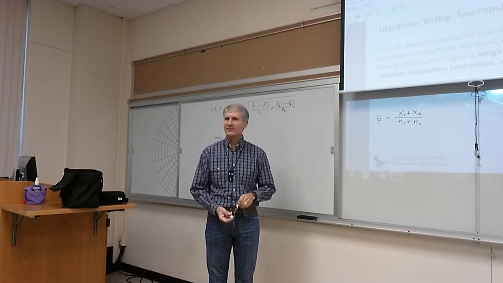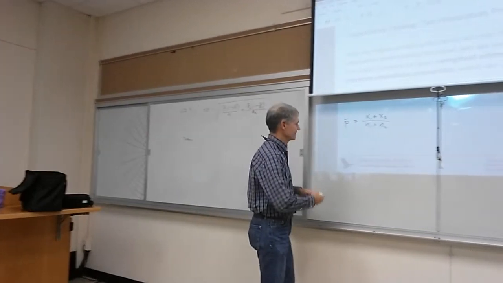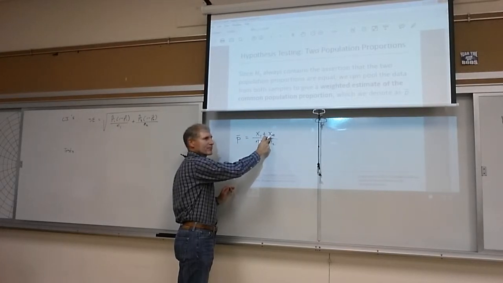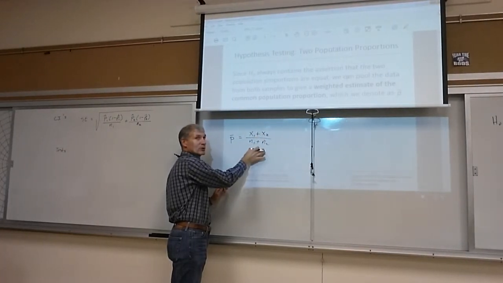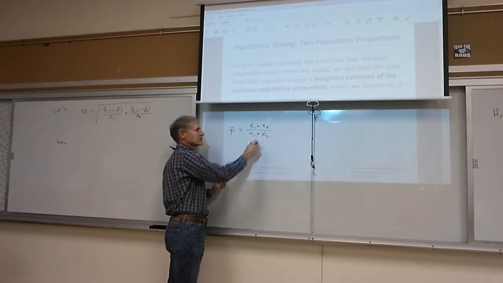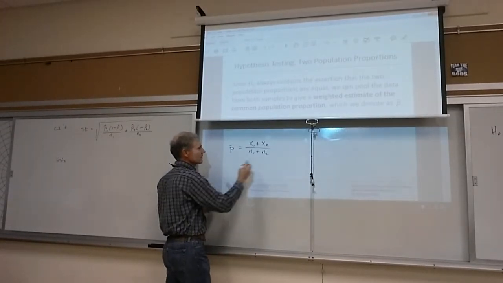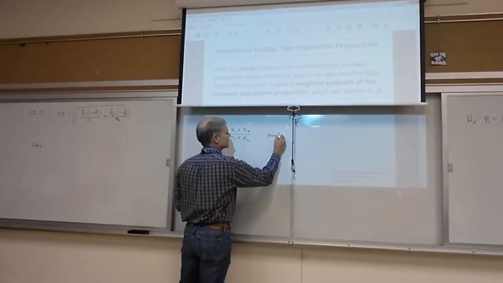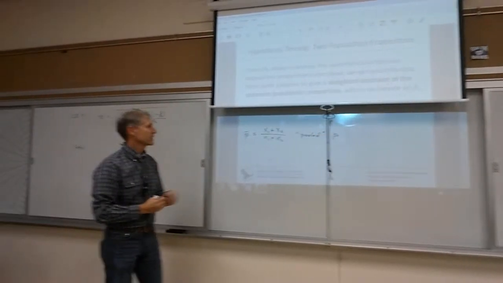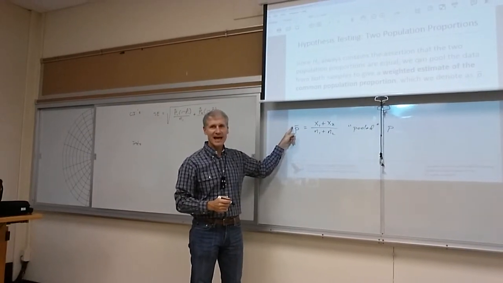What's x1 and x2? Okay. Number of successes in the first sample, number of successes in the second sample, and then the total pooled sample size. The total number in the first plus the total number in the second. Okay. So this is the pooled estimate of P. Your calculator will compute this for you automatically, but it doesn't use a bar, it uses a hat.